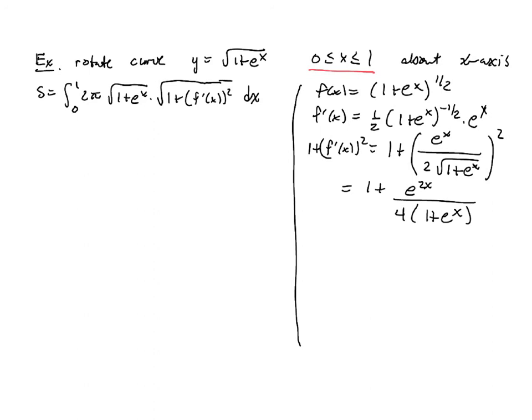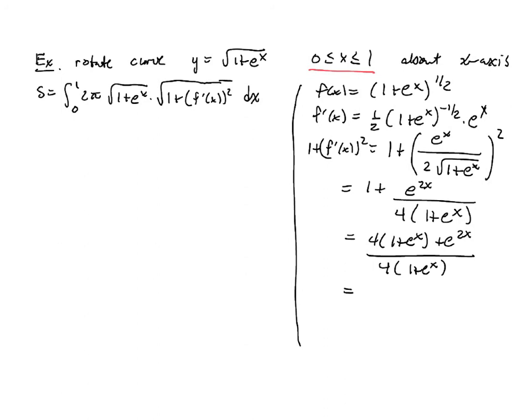So that's what happens when we square the numerator and square the denominator, and I'll combine that together into a single radical expression. So 4 times 1 plus e to the x plus e to the 2x over 4 times 1 plus e to the x. And I'm going to simplify that numerator, which happens to simplify quite nicely in this case.